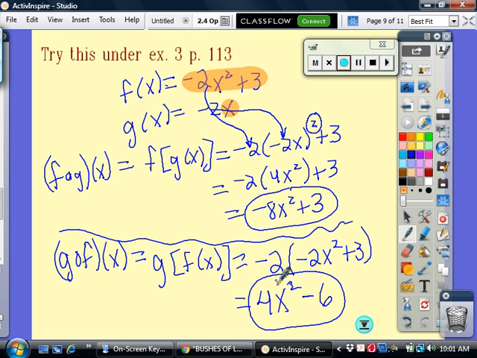Now here's my concern. Is anybody getting these backwards? If you are, just pay attention to the one that's on the inside is the one you're plugging in. The one on the outside is what you're plugging in to. Any questions?